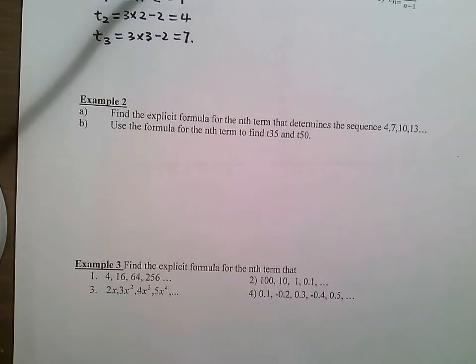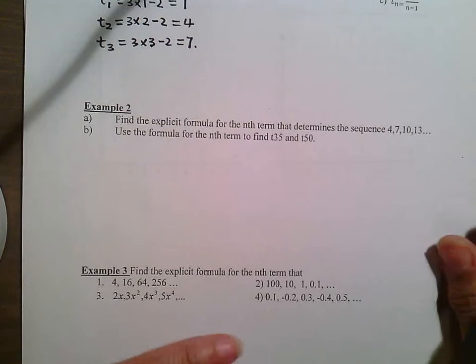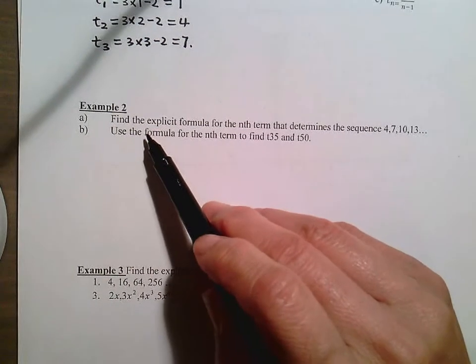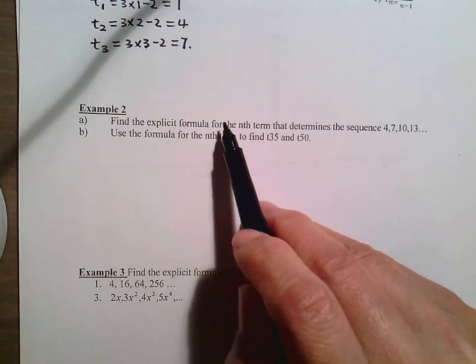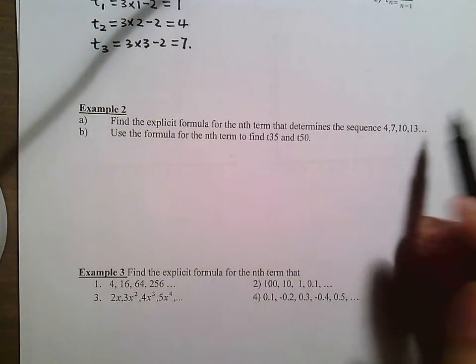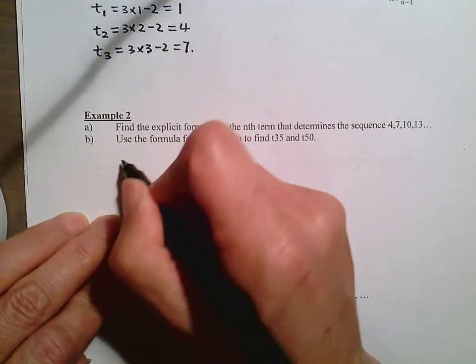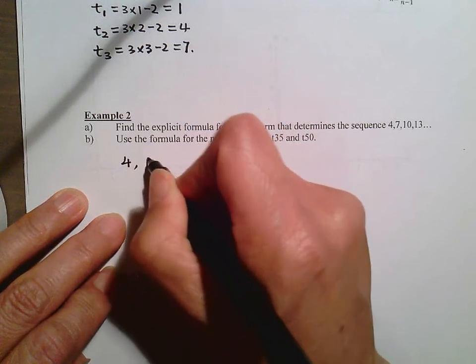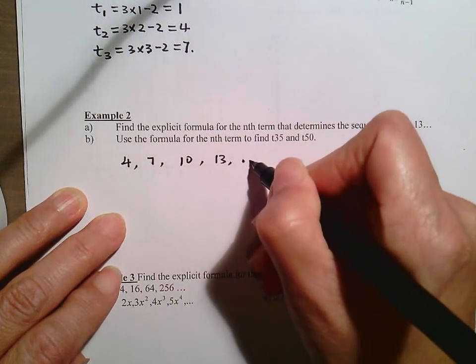This is our part 2. Okay, now let's look at part 2. Sometimes you are required to find the explicit formula for the nth term given a sequence. For example, the sequence is given: 4, 7, 10, 13, and so on.